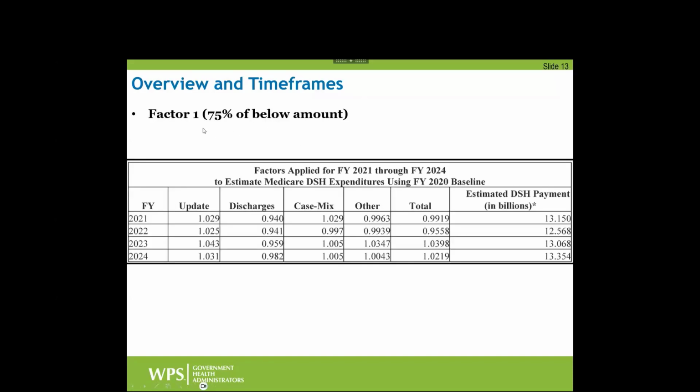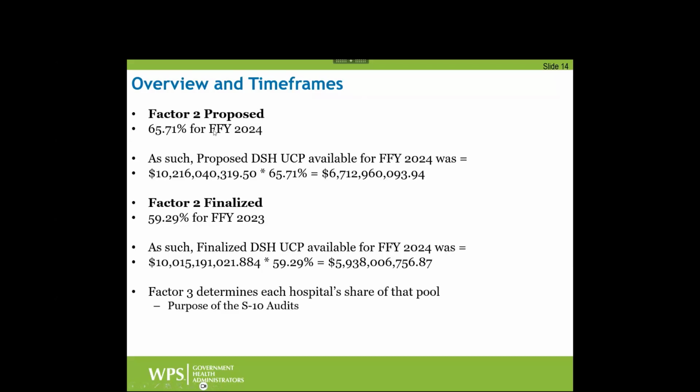So factor one is published in the Federal Register. This is an excerpt from the fiscal year 24 Federal Register, and it's 75% of this amount. So in this case, for 2024, it's 75% of 13.35 million. Factor two, I have both the proposed and finalized, and these are both 24.